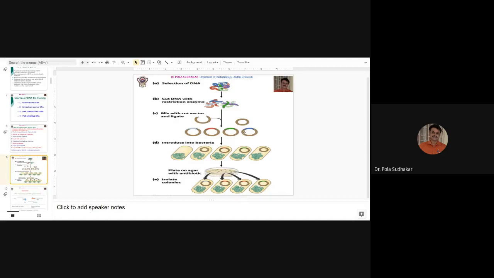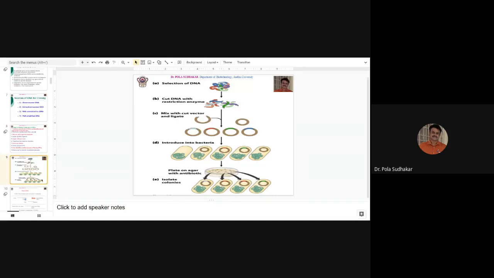This constructed vector can be introduced into the bacteria, whereby the desirable DNA will be expressed in that bacteria. Later you can plate it on agar with antibiotic selection. Antibiotic resistance genes can be incorporated at the time of DNA cloning for selection purposes.